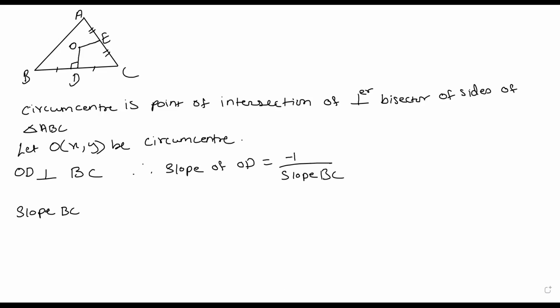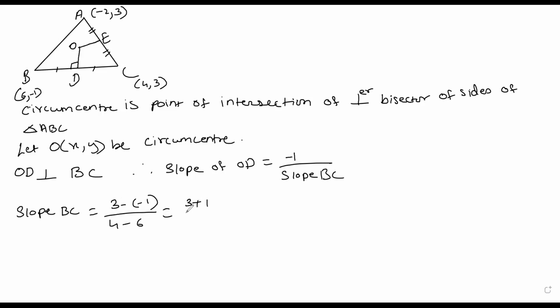Now A is what? -2, 3. B is 6, -1. C is 4, 3. Slope of BC will be 3 minus of -1 upon 4 minus 6.